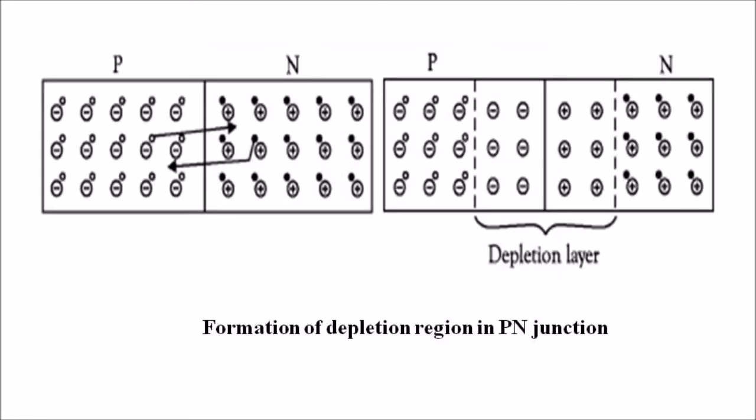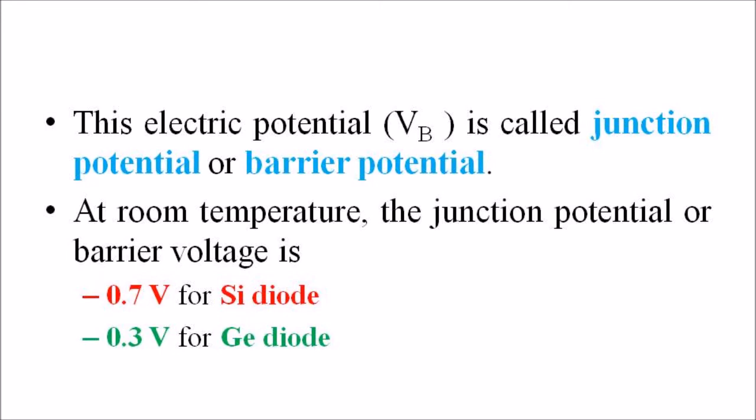Thus, the region containing the uncovered acceptor and donor ions in the vicinity of the p-n junction is called a depletion region. Since the depletion region contains immobile ions which are electrically charged, it is also called the space charge region. Due to the presence of only immobile ions, the depletion region behaves as an insulator. This space charge region establishes a potential difference across the junction.